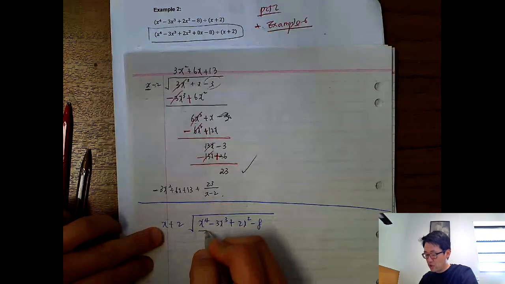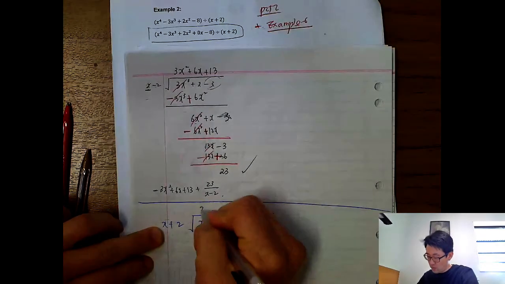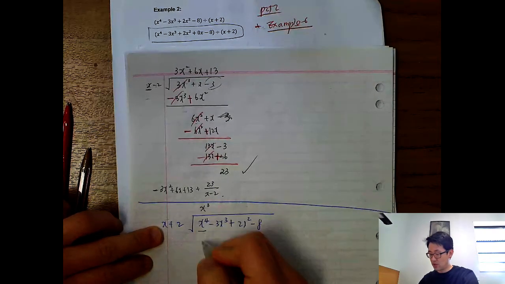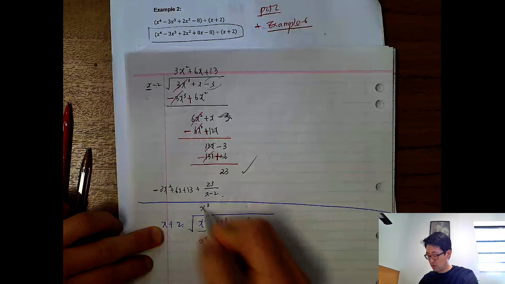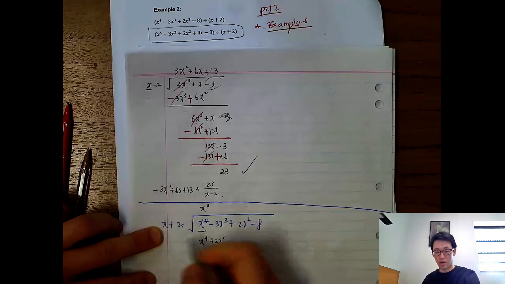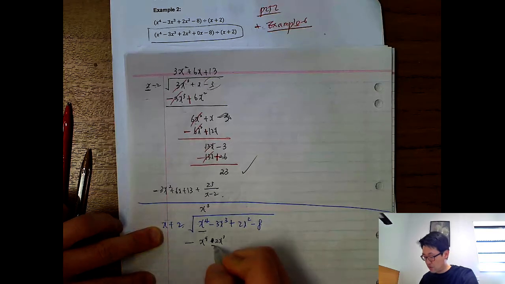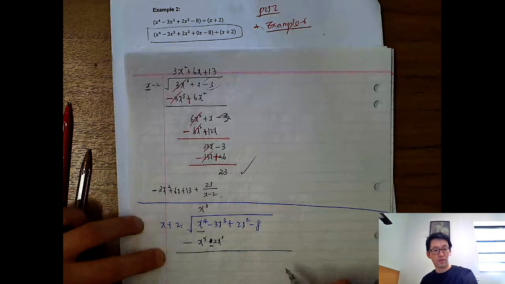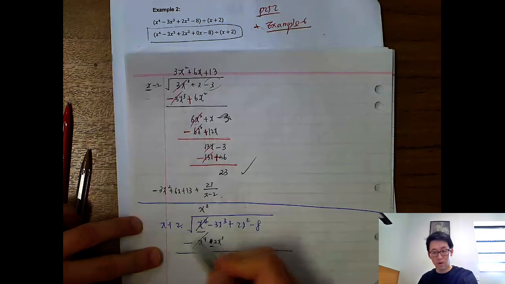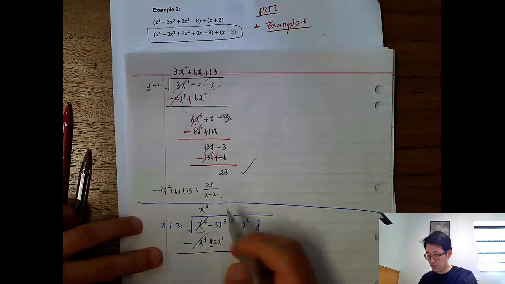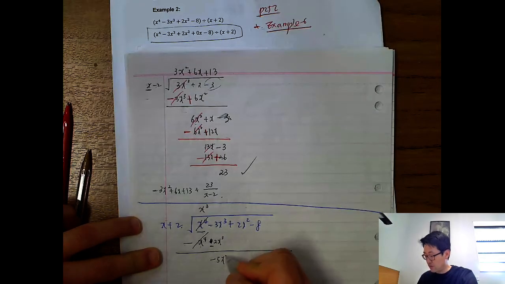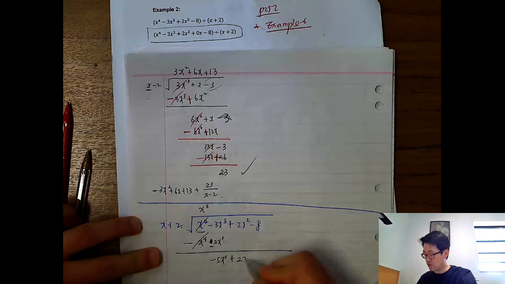X times what will give x to the power 4? x cubed times it, and then minus. Good. Cancel that out: x to the power 4 minus x to the power 4 equals 0. And next, minus 3 minus 2 is minus 5x cubed, plus what's the next number? 2x squared.